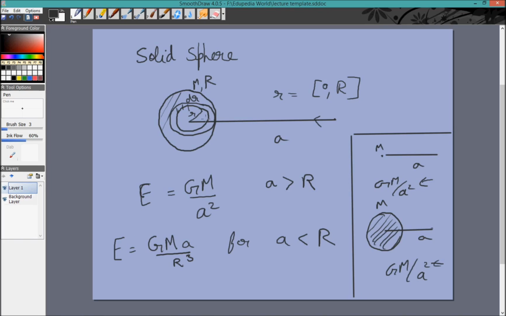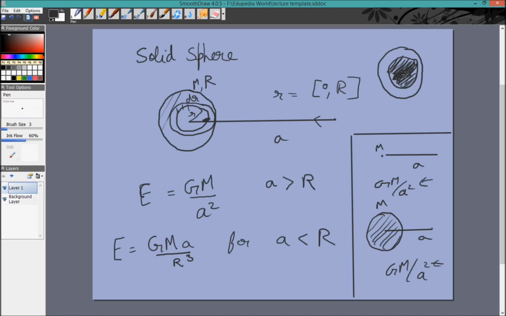If we go inside the sphere, it becomes slightly more tricky, and you can do this by integration, or you can do this by another easier way. So if we want to find the gravitational field at this point, let's say we draw a sphere here. Every mass inside the sphere, now this is a solid sphere in itself, right?